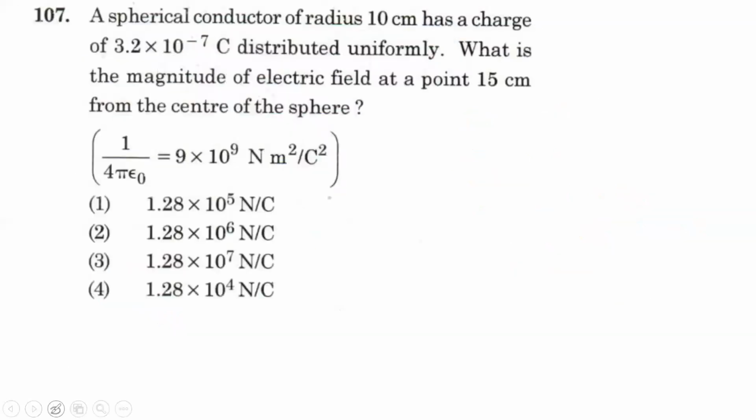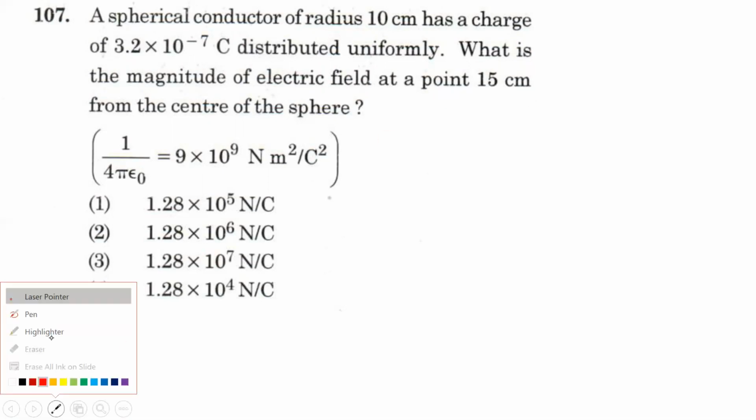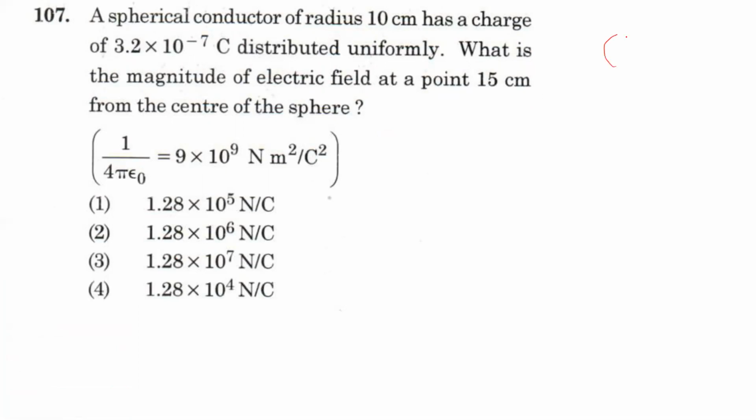Now the 107th question. A spherical conductor of radius 10 centimeter has a charge of 3.2 into 10 power minus 7 coulomb distributed uniformly. What is the magnitude of the electric field at a point 15 centimeter from the center of the sphere? This is the sphere we assume, with radius given as 10 centimeter and a charge q.